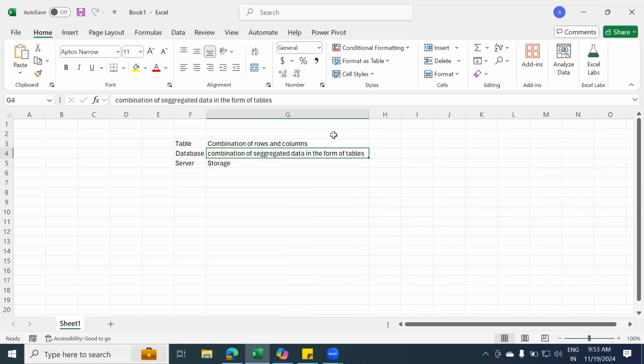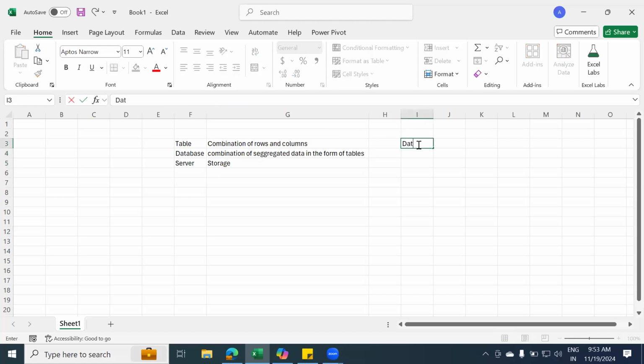Now, when a database is a combination of segregated data in the form of tables, how is a database different from a server? And first of all, whenever we talk about the scary word data, why do we always come back to tables? What is the connection between data and table?